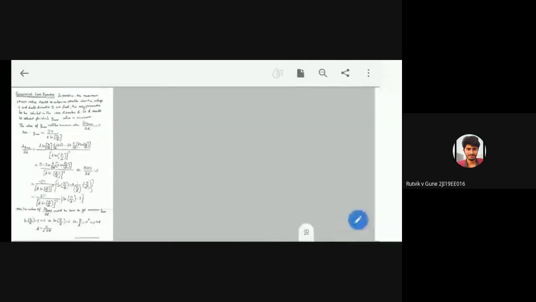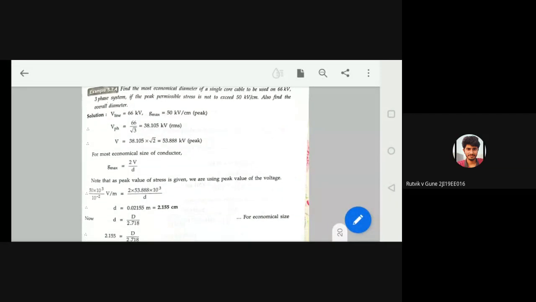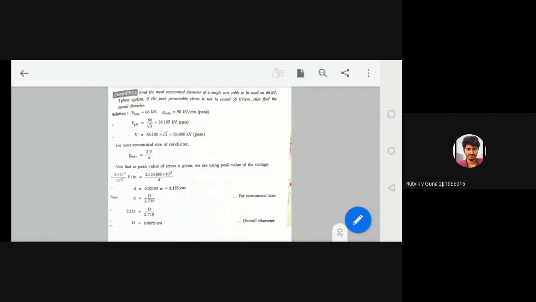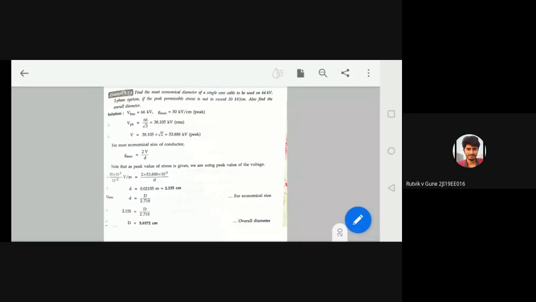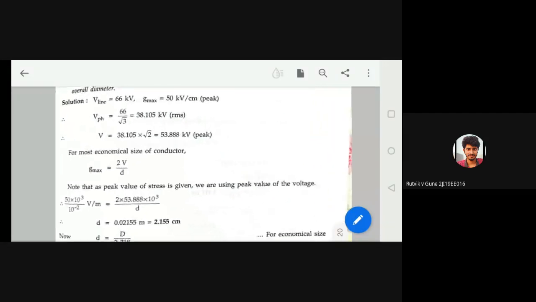Now let me look at a simple problem regarding this. This is the simplest problem and often comes. You'll see this problem, I think, in the question bank, a similar kind. Let's read first.